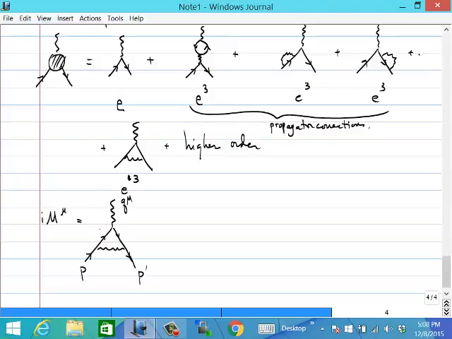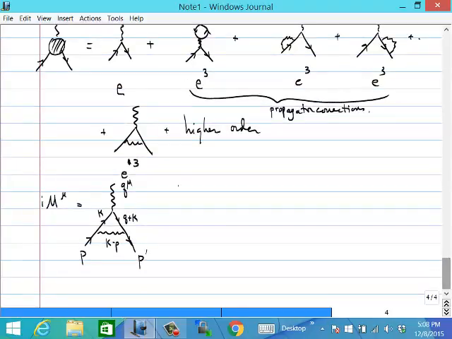If you call the momentum of this one k, then this has a momentum k minus p, and this has a momentum, what is it, q plus k. So you can now just go ahead and use your Feynman rules to write down this Feynman diagram.